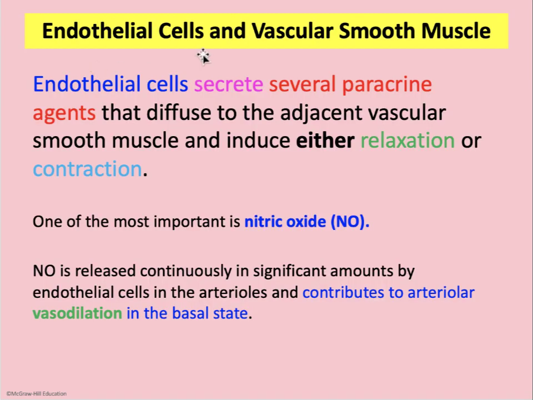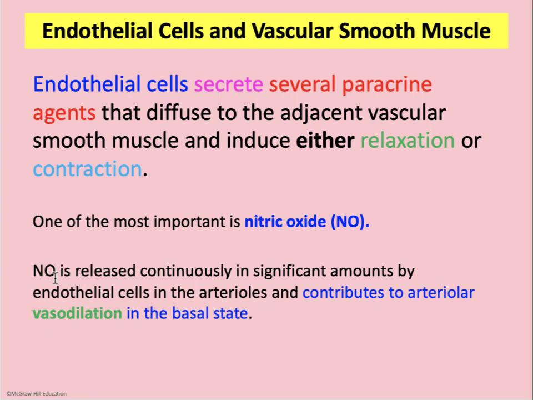Endothelial cells themselves are also responsible for producing and secreting paracrine agents that can diffuse into the adjacent tissues and influence smooth muscle behavior. And these agents can either relax or constrict these muscles. One of the most important ones discovered in the last 10 years or so is nitric oxide. Nitric oxide is a relaxant, a vasodilator.